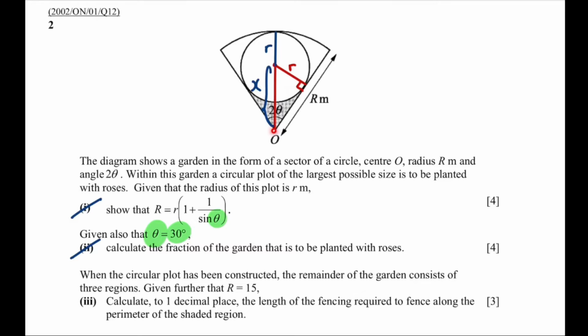So we have to find the length here, and the length here should be the same. And then also the length over here, the arc, right? Let's figure out the arc first. Okay, the arc here.